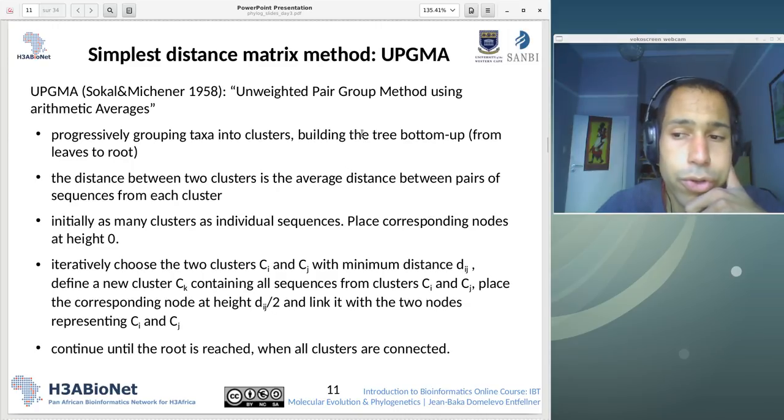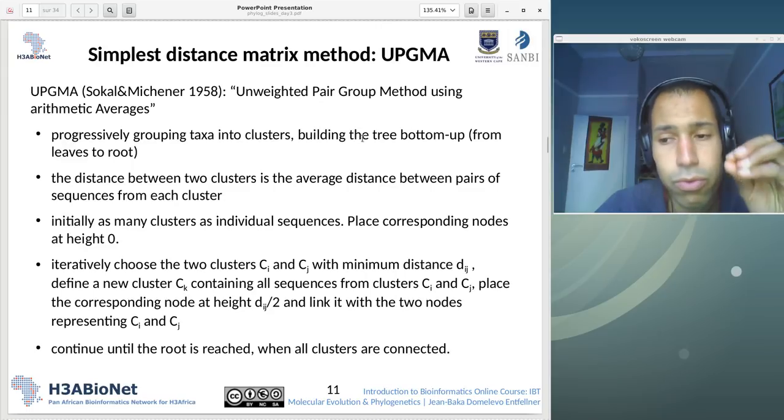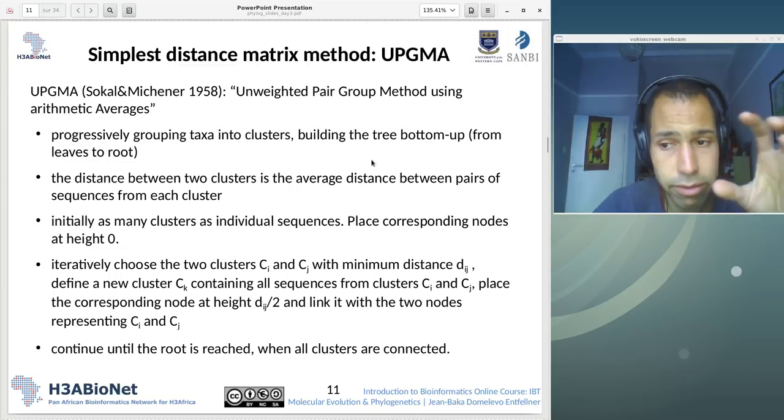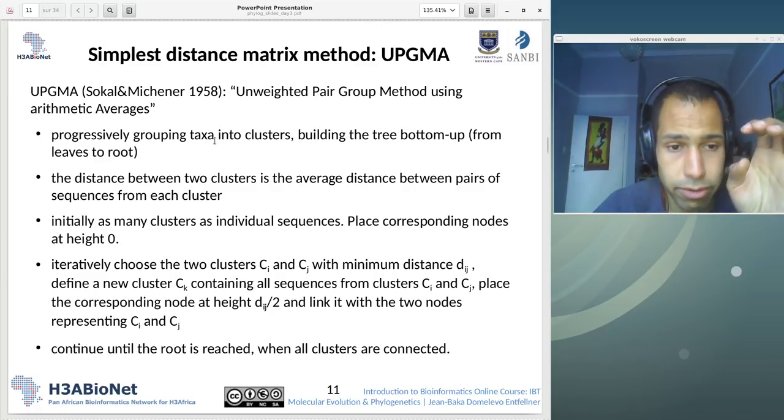How does it work? It builds the tree kind of from the leaves to the root. Okay, it builds the tree gradually, aggregating leaves together, so aggregating or grouping taxa into clusters, and it builds the tree bottom up from the leaves to the root.